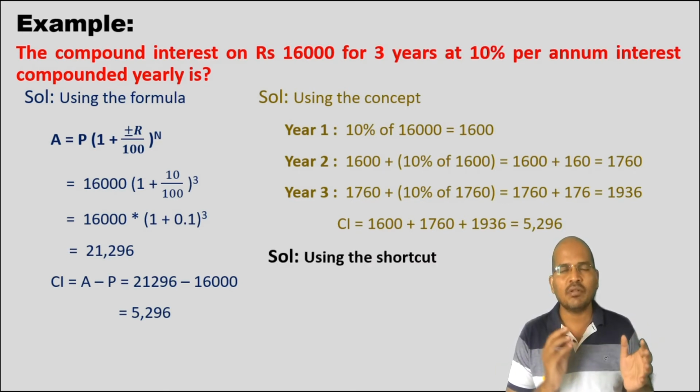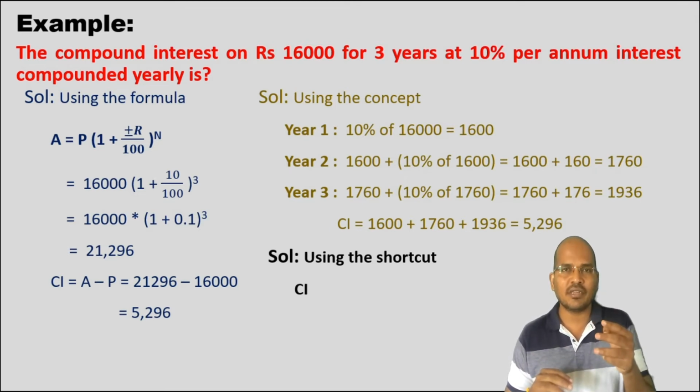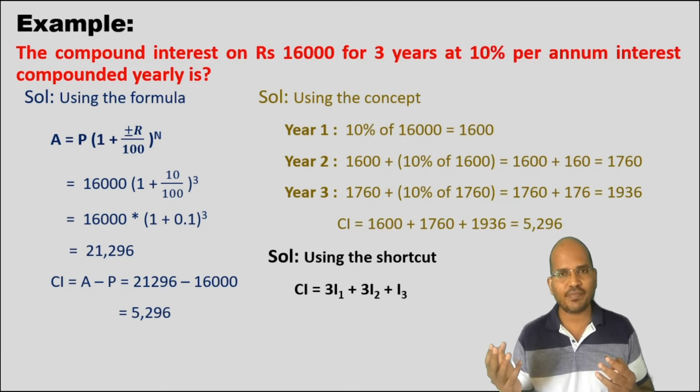No formula is used here, just the basics, the concepts. Now let us do the shortcut which we have learned. The question is to find the compound interest for 3 years, isn't it? So 3 years contains 3 terms, I1, I2, I3. The first step is to find I1, then find I2, then find I3.